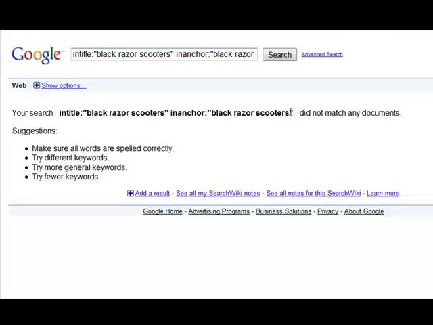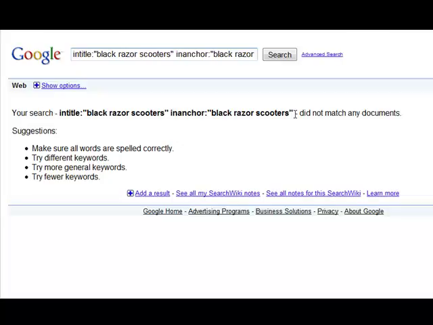Now, if you don't understand what I'm talking about when I'm talking about links, that's okay, because I'm going to teach you all about links later. But for now, you need to know that a trick to measure the strength of the competition is to use the words intitle, colon, and then in quotes your phrase, and then a space, and the word inanchor, and a colon, and in quotes your phrase again. And just see it as a trick to measure how strong your competition is.